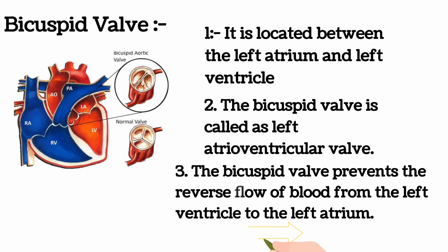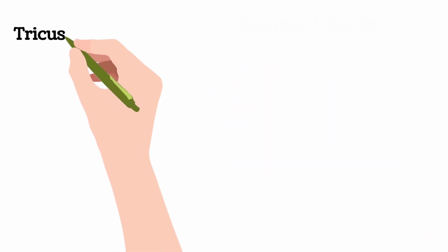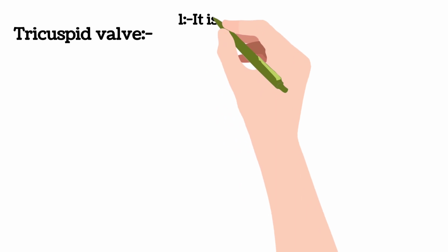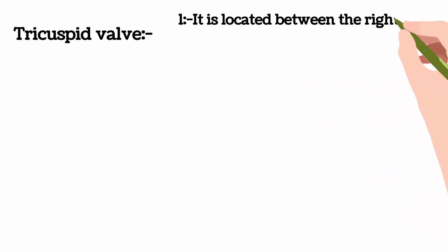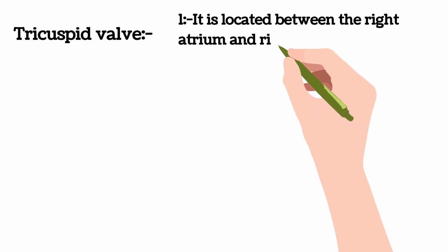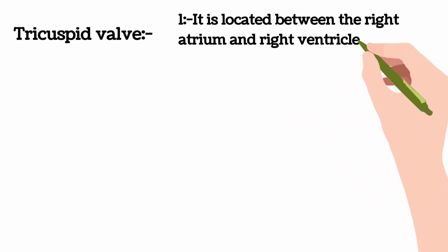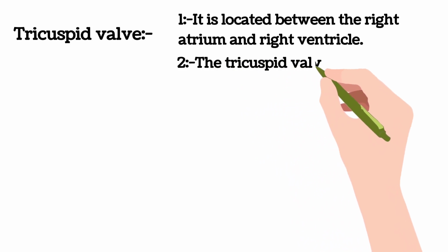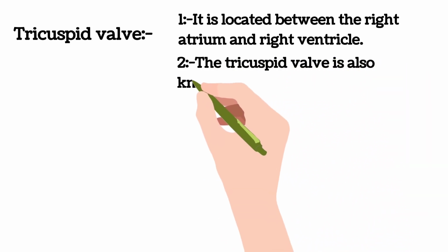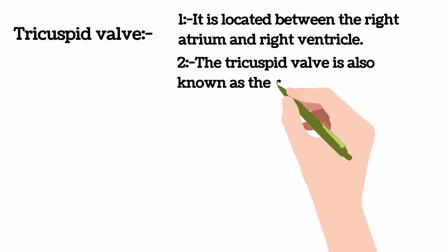Now we will discuss the tricuspid valve. The tricuspid valve is located between the right atrium and the right ventricle. It is also known as the right atrioventricular valve.